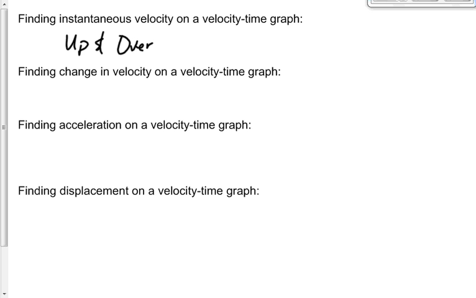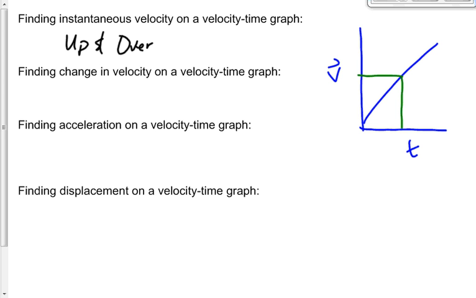So if you want to find a value that's already on the y-axis, there's no calculations. All you're going to do is go up at a certain time and over and read what that velocity is at that moment in time. If you want to find out what the velocity is on a position time graph, you've got to do a calculation. If you want to find out what it is on a velocity time graph, you're just going to read it off the graph itself.